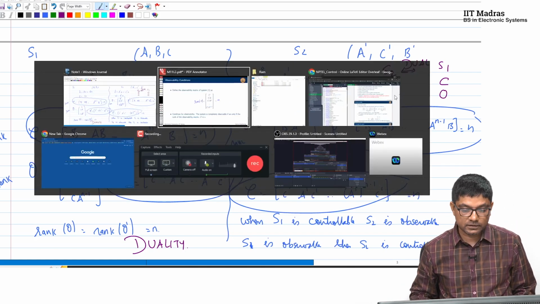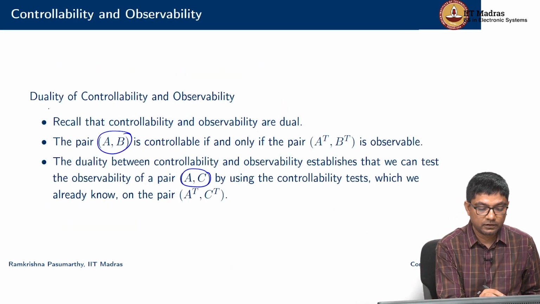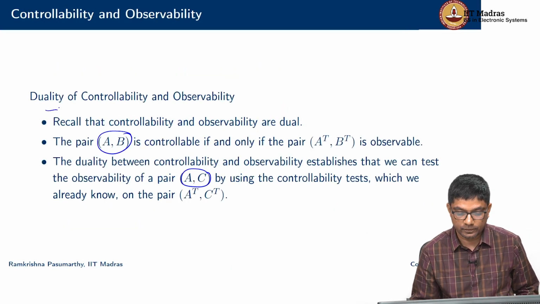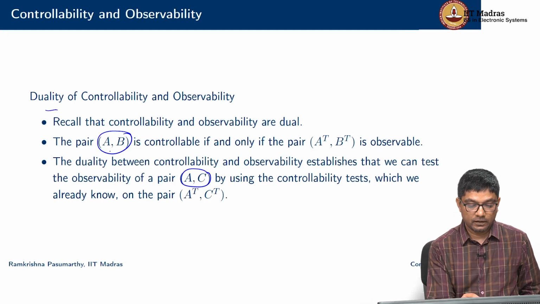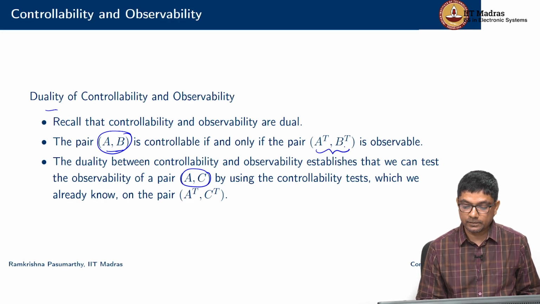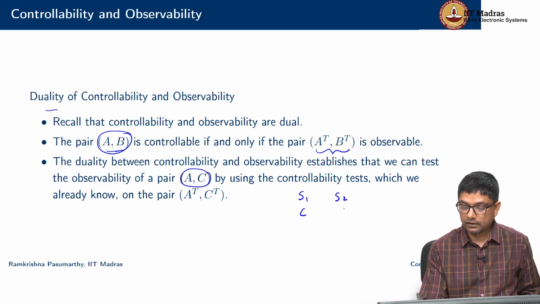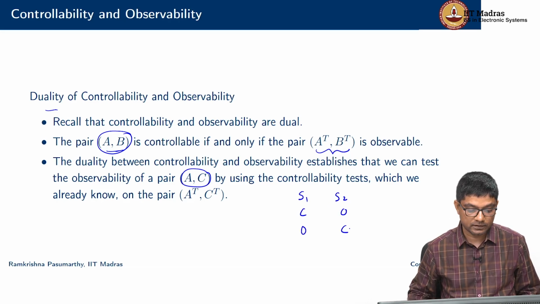So, this is what is meant by the duality of controllability and observability. So, the pair A, B is controllable if and only if the pair A transpose, B transpose is observable. Similarly with the observability of a pair. So, just relate this to the controllability and observability of S1 and S2.